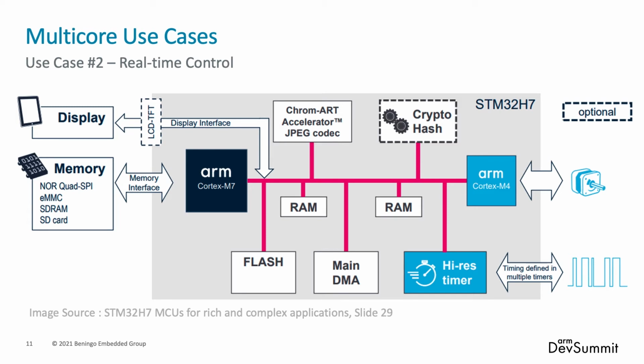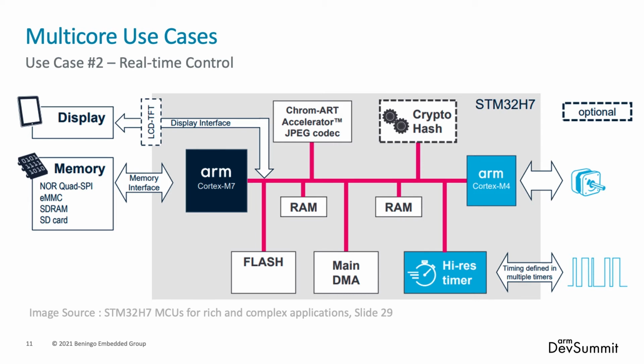Now, the second use case can be where you actually are using real-time control. So what we might be doing, again, maybe we're doing PWMs, we're doing some control on motors. We have one core that's just solely focused on that on the one side. And then maybe on the other side, as part of the ARM Cortex-M7, we still have some type of real-time control.